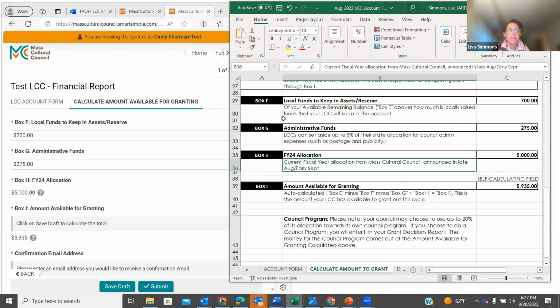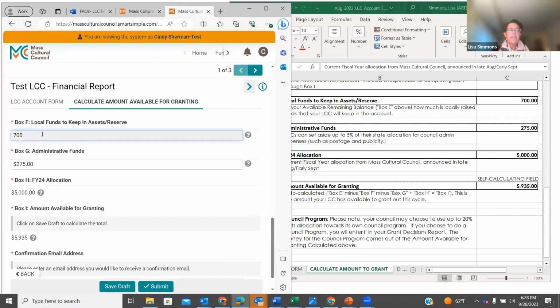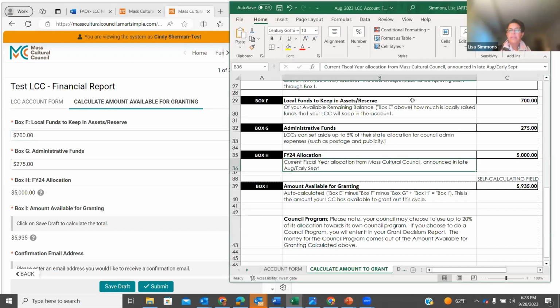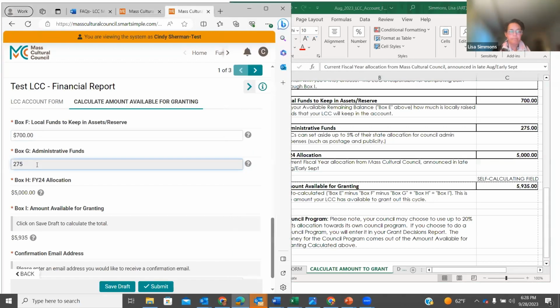So for this here, I'm saying we have 700 in local funds. We want to use that for something else. So we're going to keep it, so that when the final calculations happen, that money is not included in your amount available for granting for this year. So we take that box F, it matches and mirrors box F here, and we put in the $700.